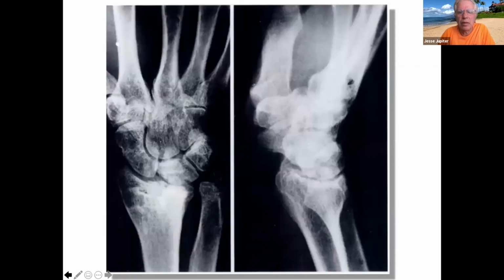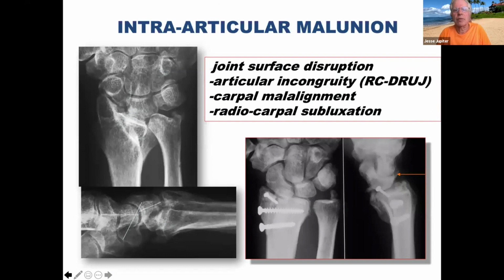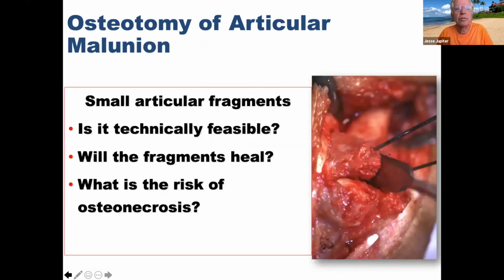A patient like this is something we'd like to avoid because they've got not only intra-articular deformity, but a malaligned carpus. And when we have the intra-articular distal radius malunion, not only might we find carpal malalignment, but it might be fixed and might not be correctable and might require, as we'll hear, certain salvage procedures.